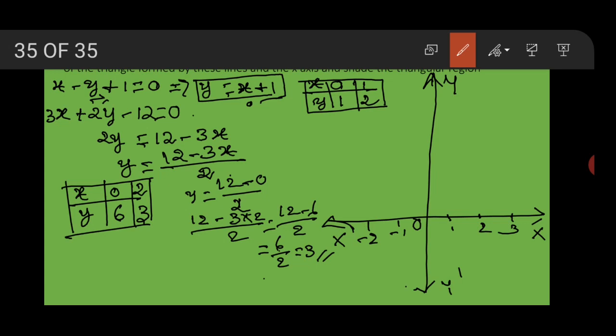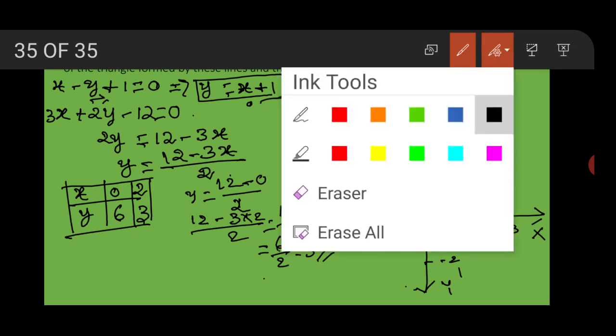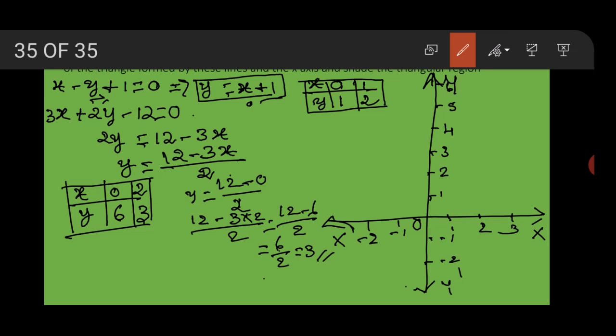Now note the points 1, 2, 3, and here -1, -2, like that. This is 1, 2, 3, 4, 5, and this is 6, enough.